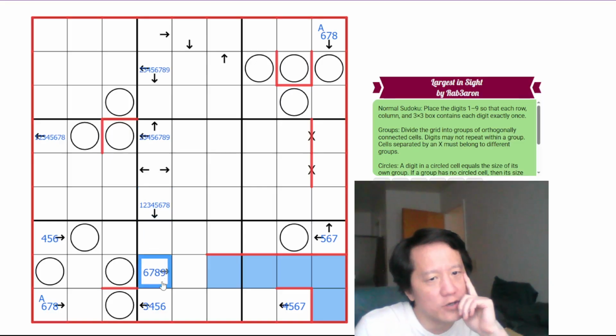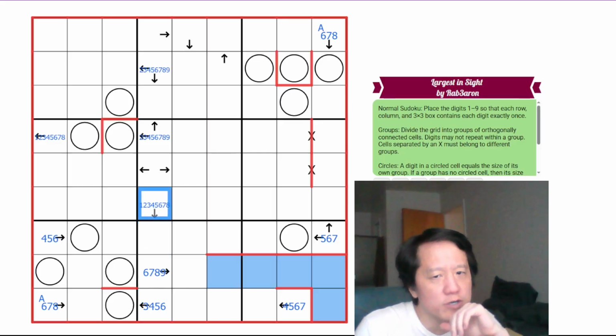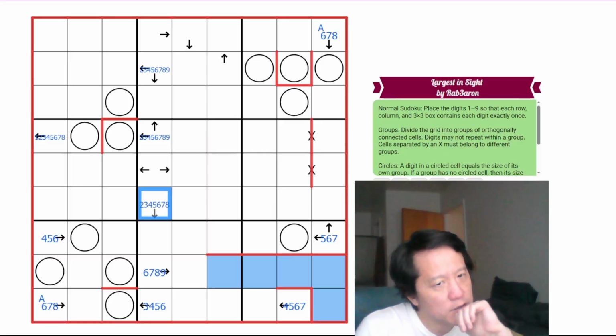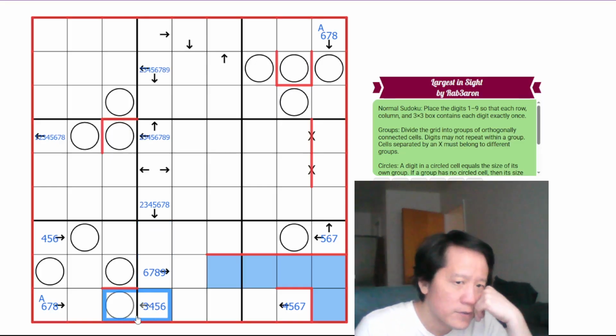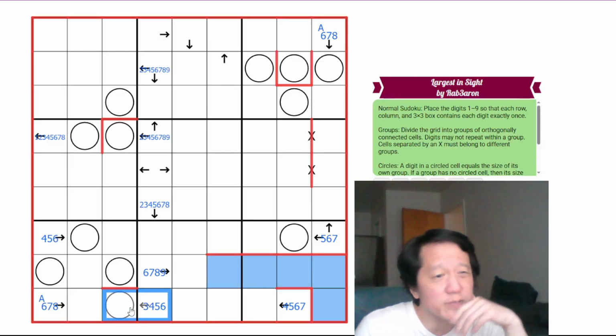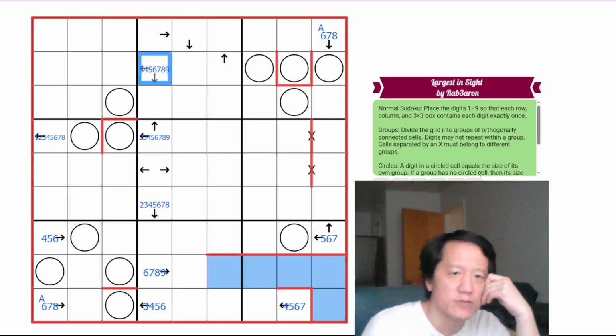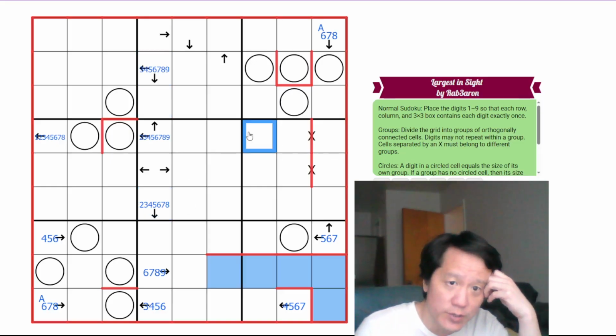If it's 1, all 3 of these have to be 1 in size, and then they would have to all have a 1. So that's not possible. Can it be 2? I guess, maybe you could have 2 here and then 2 there. That is potentially possible. Okay, so 2 is possible there. This is greater than that digit, so it's 3.